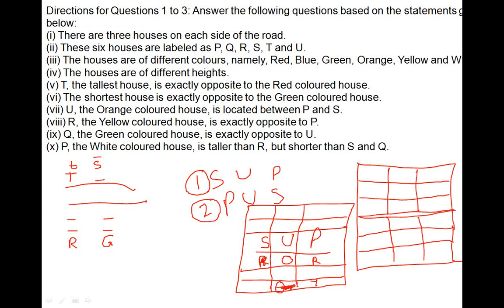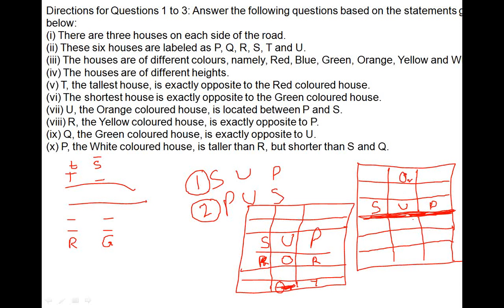And this is the road. Now we know that from the 7th statement U is orange colored, and U is lying between P and S. So we have picked up the first case as this, and U is orange in color, right? So we put here OR, okay?